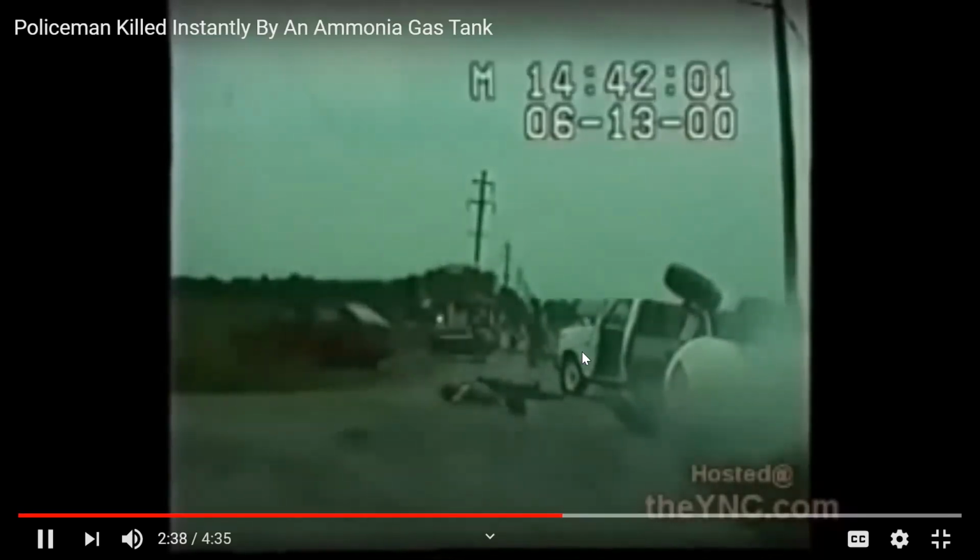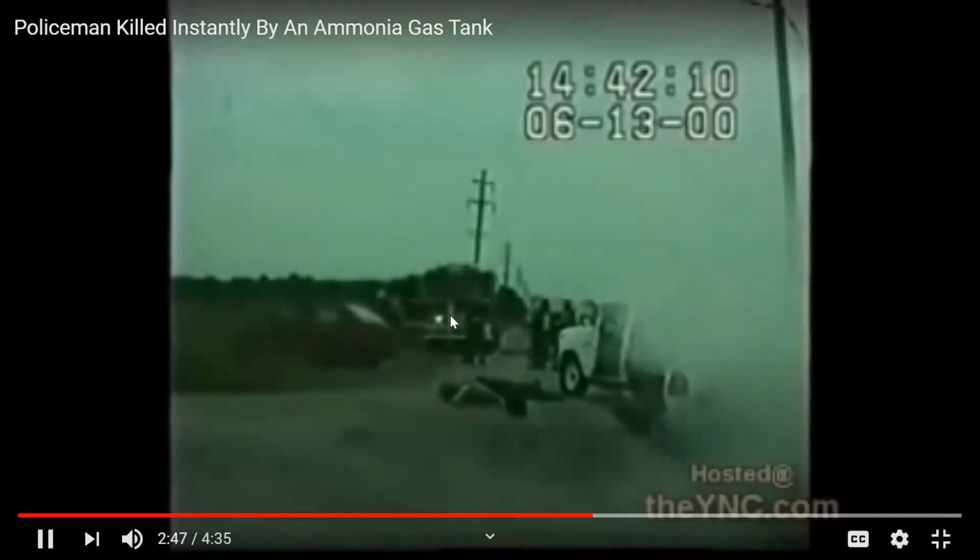SCBA's on. The rig back here, facing away. Exactly the way it should be done for the most part. Maybe a little bit further away than this, but.